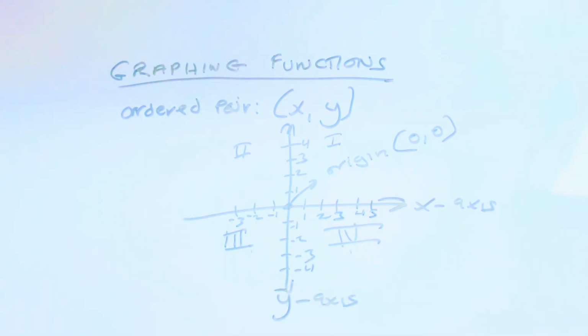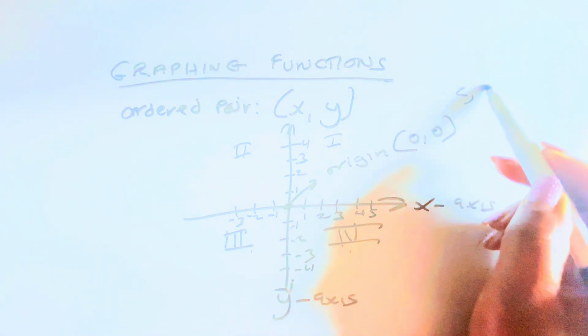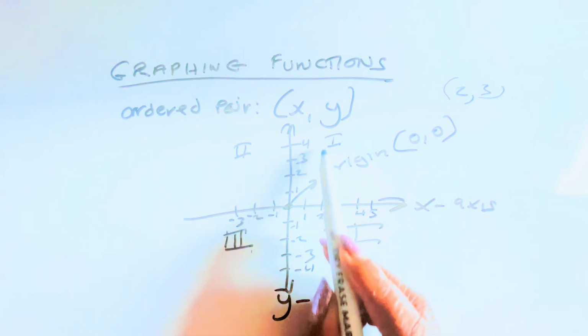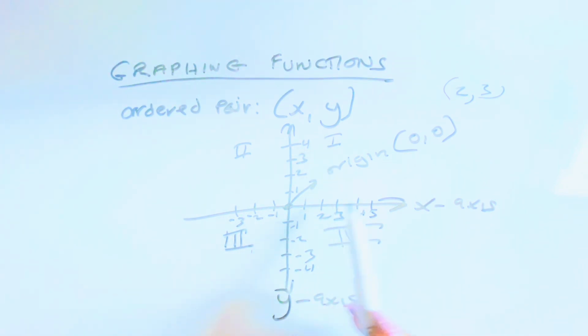When plotting our points, we always plot starting with the x value. So we identify what the x value is on the x-axis, and then the second value is always on the y-axis. If we were to plot, supposedly, point 2, 3, we would first identify 2 on the x-axis. Then once we identify 2 on the x-axis, we look either up or down on the y-axis to find the next value.